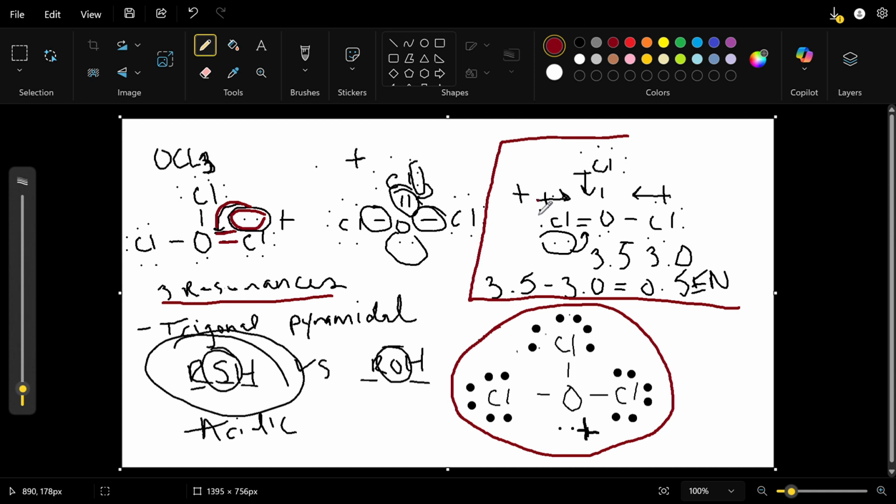So on the electronegativity chart, oxygen had a 3.5 and chlorine had a 3.0.